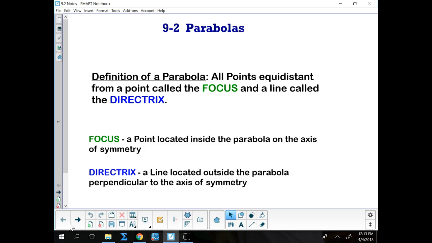Okay? So, the definition of a parabola is all points equidistant from a point called the focus and a line called the directrix. Okay? So the focus is a point that is located inside the parabola on something called the axis of symmetry.